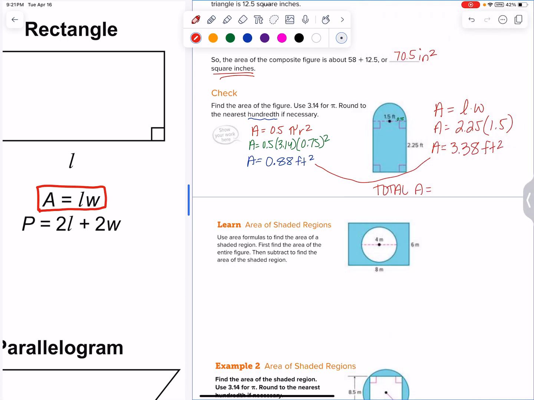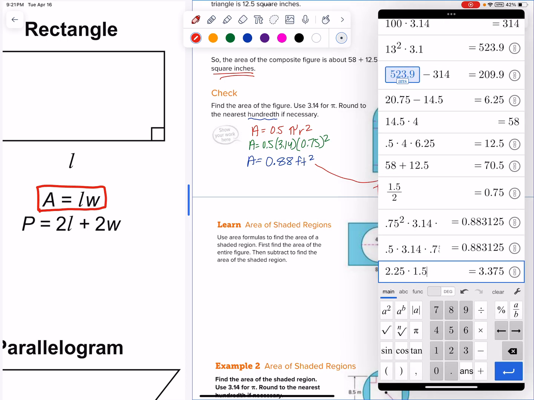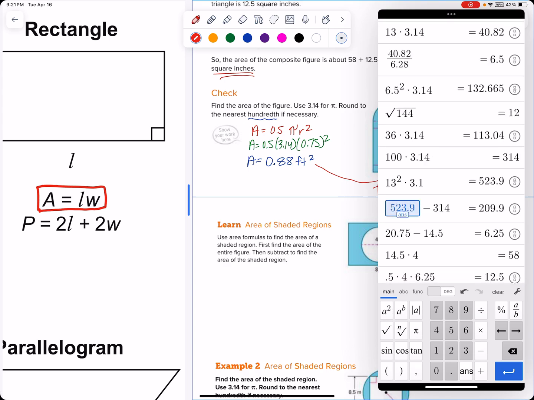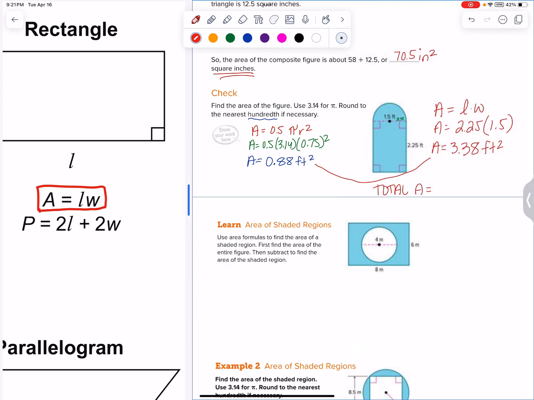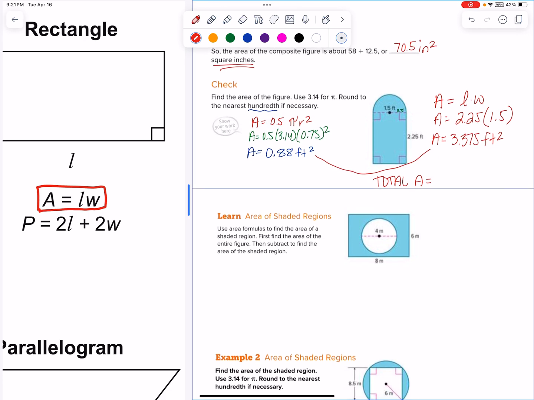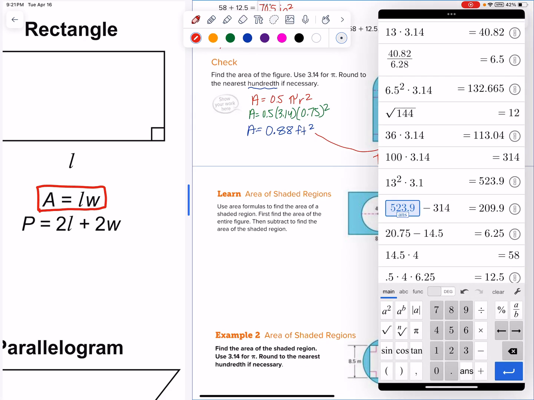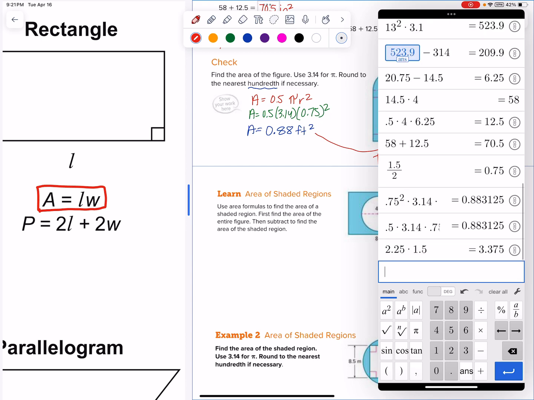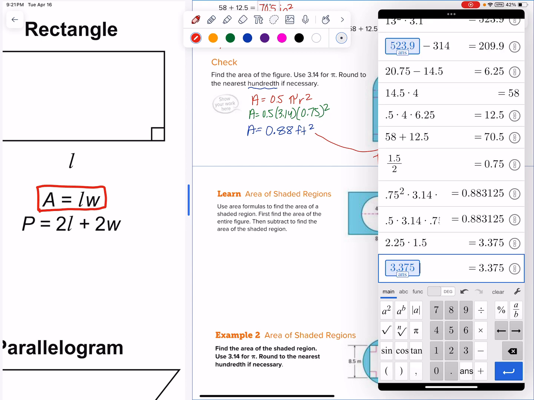So let's actually go ahead, 3.375. It probably won't make much of a difference, but if we can keep it and be more accurate till the end, that's going to be our best choice. So we're just going to hit enter and answer plus 0.88, and we get 4.255.